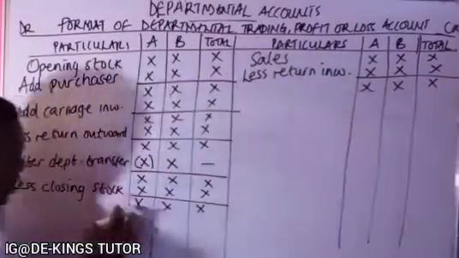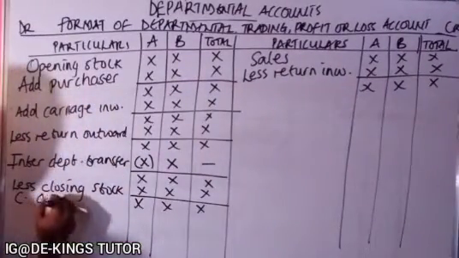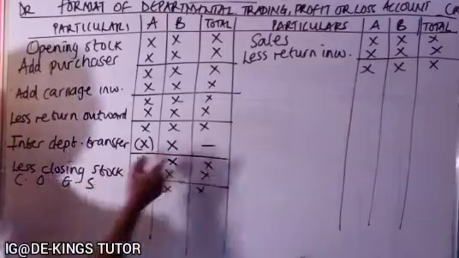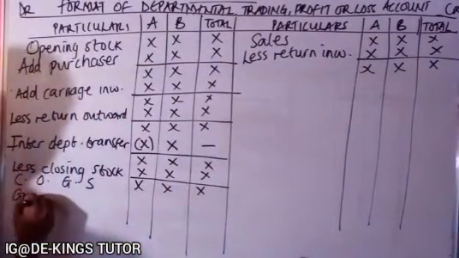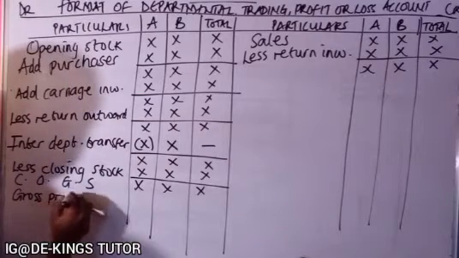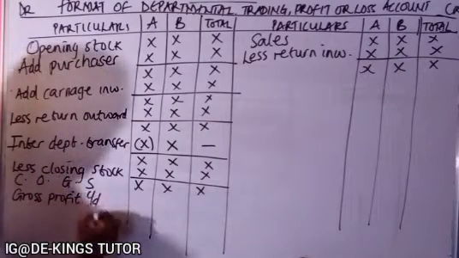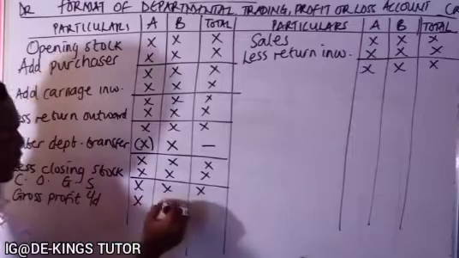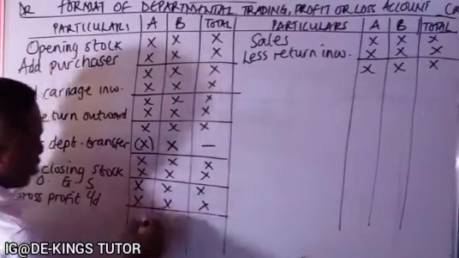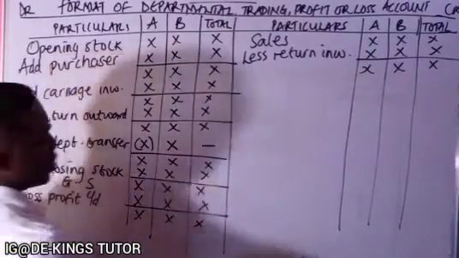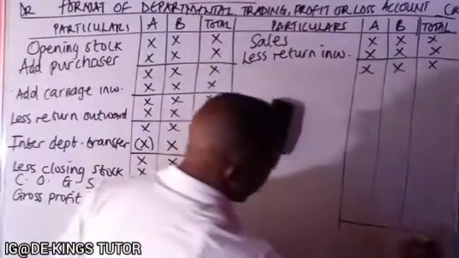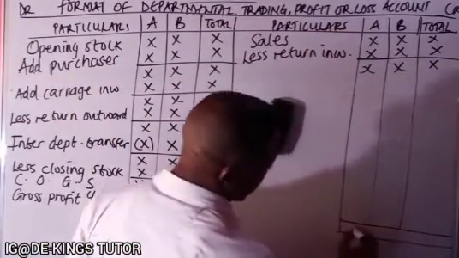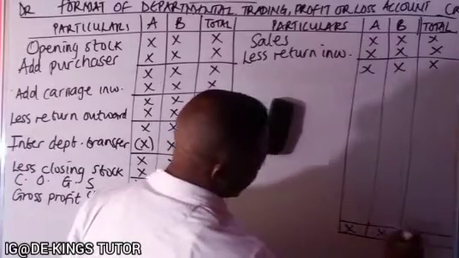So this minus this, remember this is cost of goods sold. So the net sales minus cost of goods sold will give us the gross profit carried down. So it gives us a gross profit. This is the total, the same thing goes here, and this is the total.